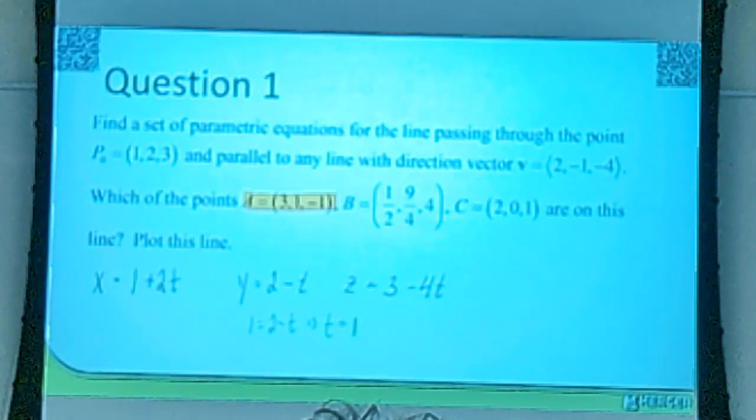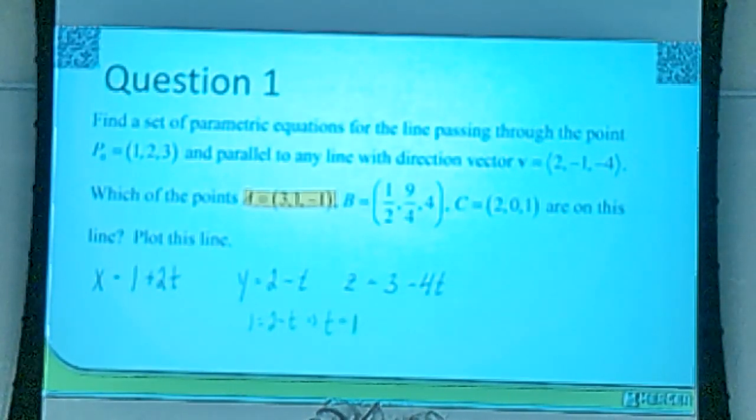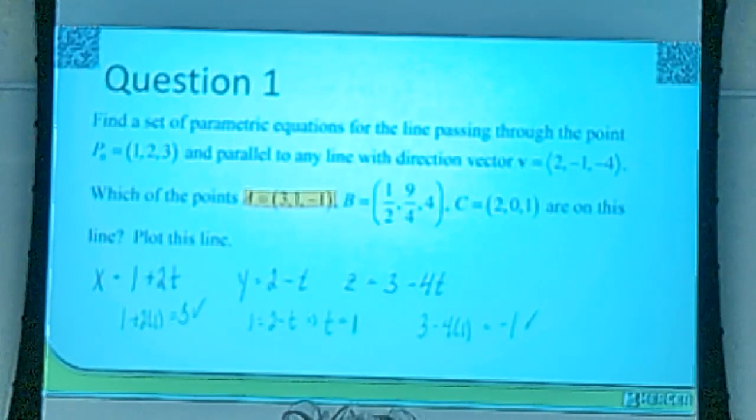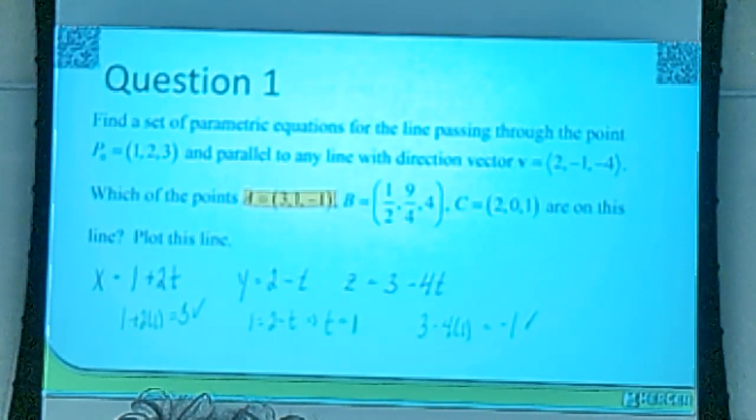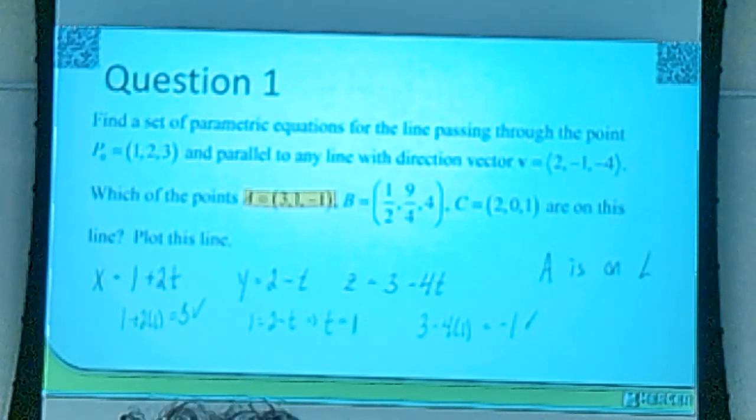It would have to, otherwise it would not be on the line. A is on the line.